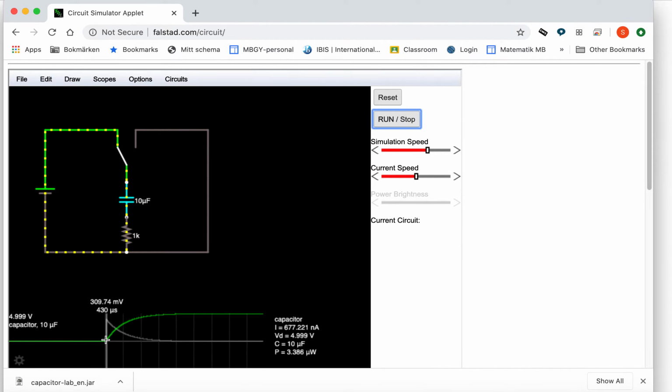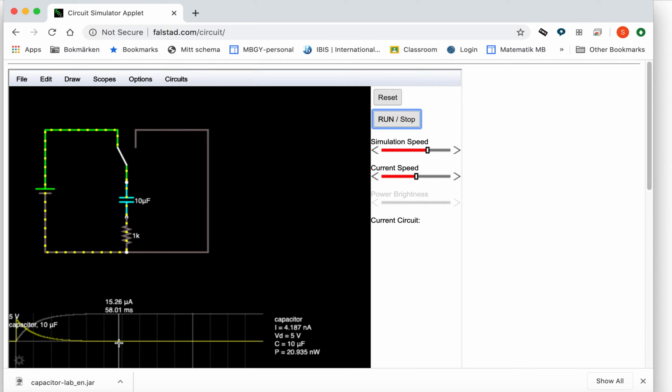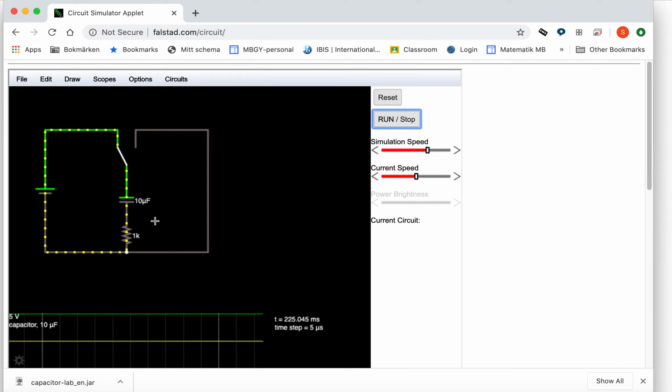Now if you look, the current peaks initially and then goes down to 0, as the charge of the capacitor reaches a steady state value. Now let's look at what happens when I discharge, when I flip the switch.